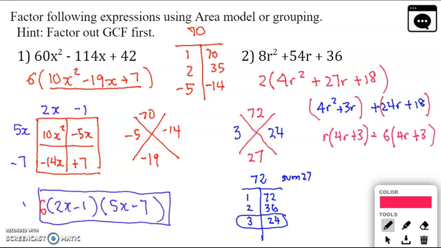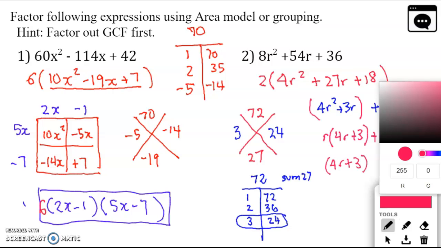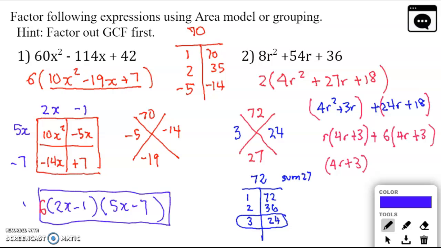So we have 6 times 4r plus 3. Notice that 4r plus 3, 4r plus 3, is common to both. So I am going to take 4r plus 3 as my common factor, which leaves me with the r and the 6. So that's my second factor, r plus 6.